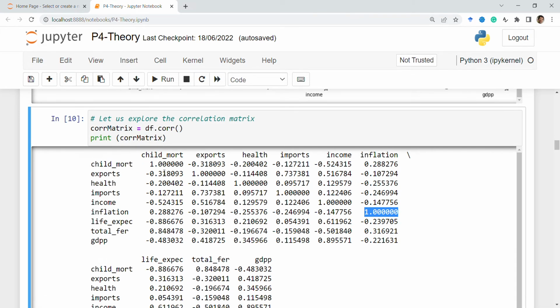It is strongly correlated to life expectancy and total fertility. A positive correlation means that when the child mortality grows, the total fertility grows, and a negative correlation is the opposite. So when the child mortality grows, the life expectancy decreases.